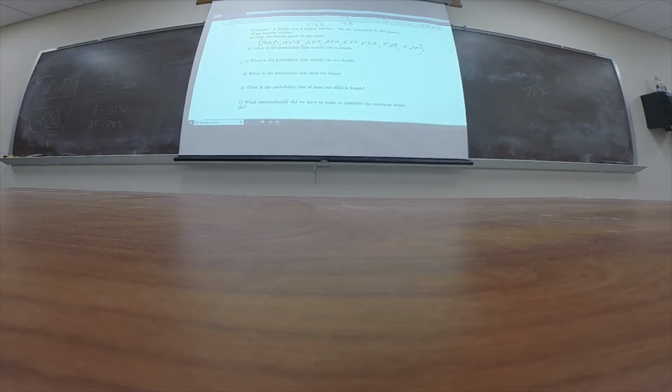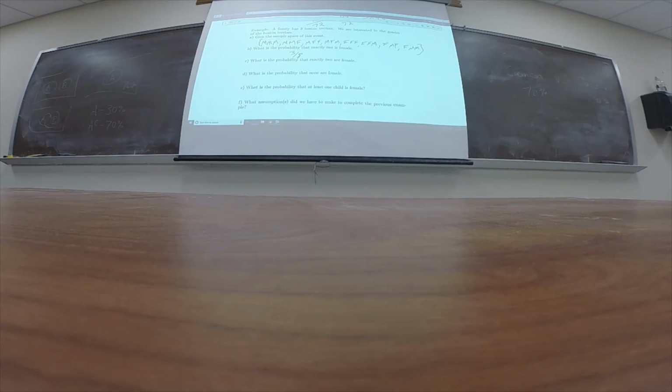What's the probability that exactly one is a female? So I'll go through here: 1, 2, 3. Let's say I have 3 out of 8. Make sense? So the key for this is finding your sample space so you know how many options you have.